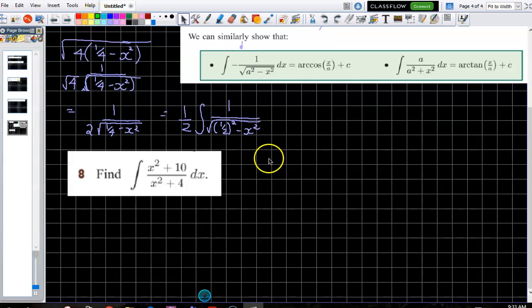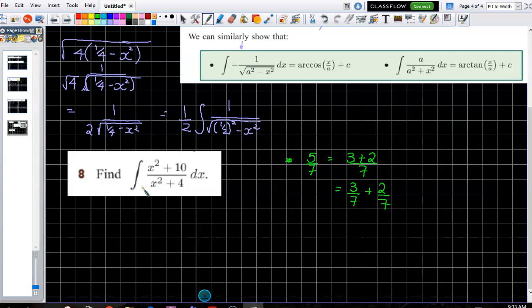My hint to you for this one is, if I had 5 over 7, do you agree this is the same as 3 plus 2? And why did I do that? Because I can then separate. So that's your hint for question 8.